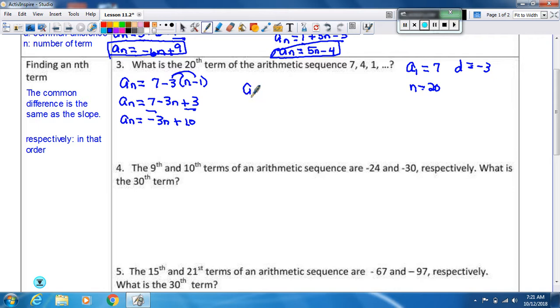So a_20 equals negative 3 times 20 plus 10. So the 20th term equals negative 60 plus 10. So the 20th term equals negative 50.